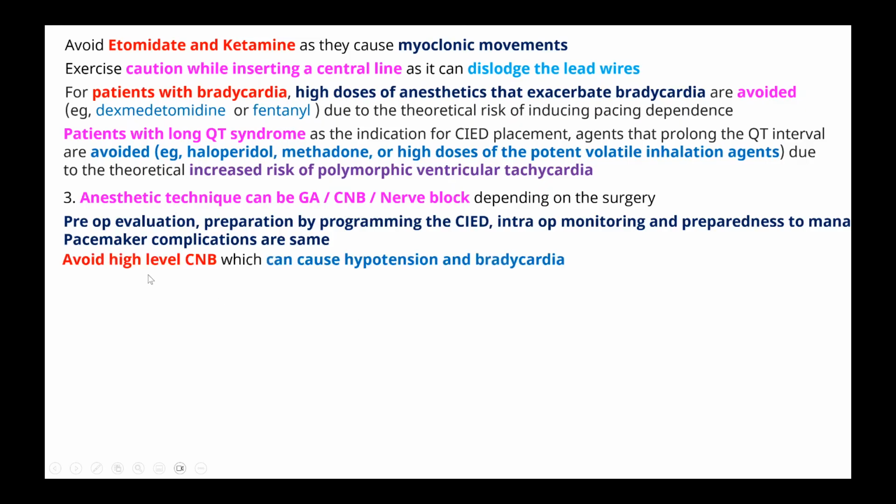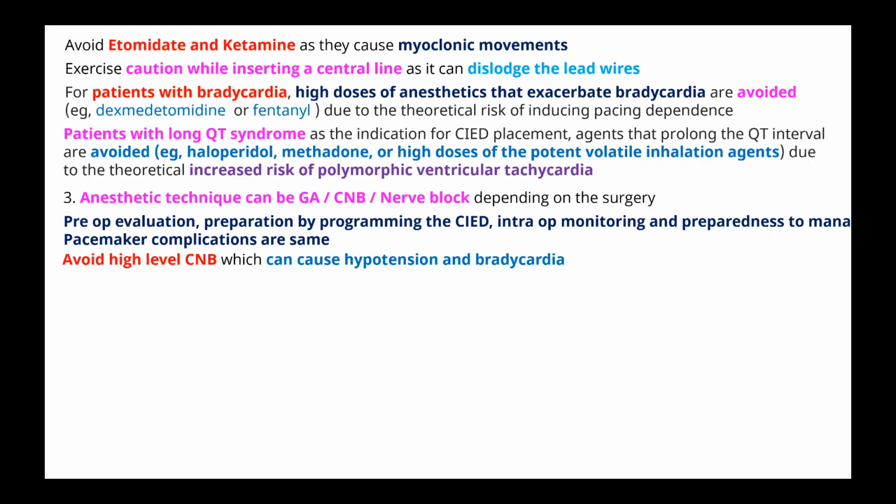But avoid high level central neuraxial blockade, which can cause hypotension and bradycardia, which may affect the function of the pacemaker. So any block below T10 level is quite agreeable.